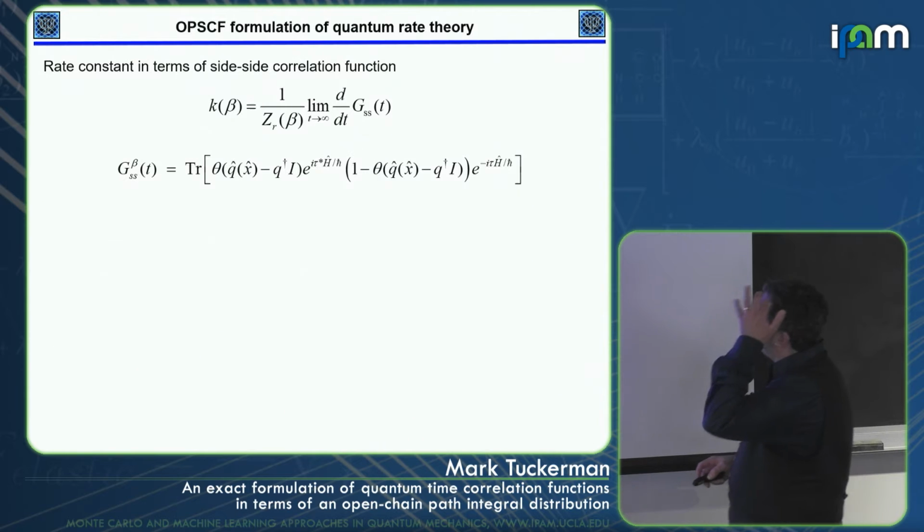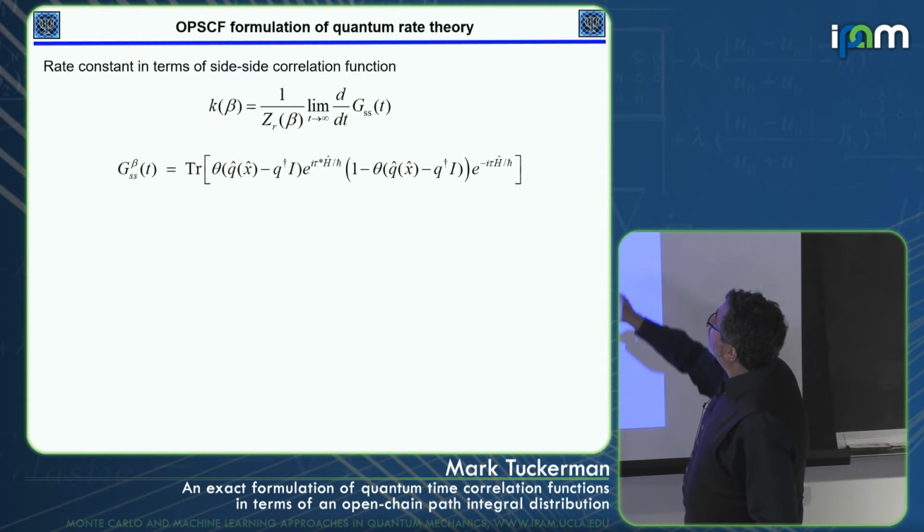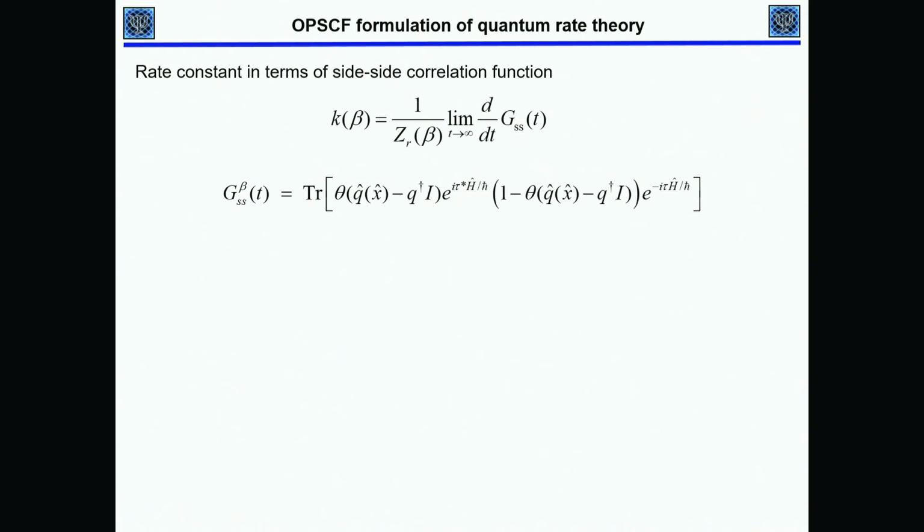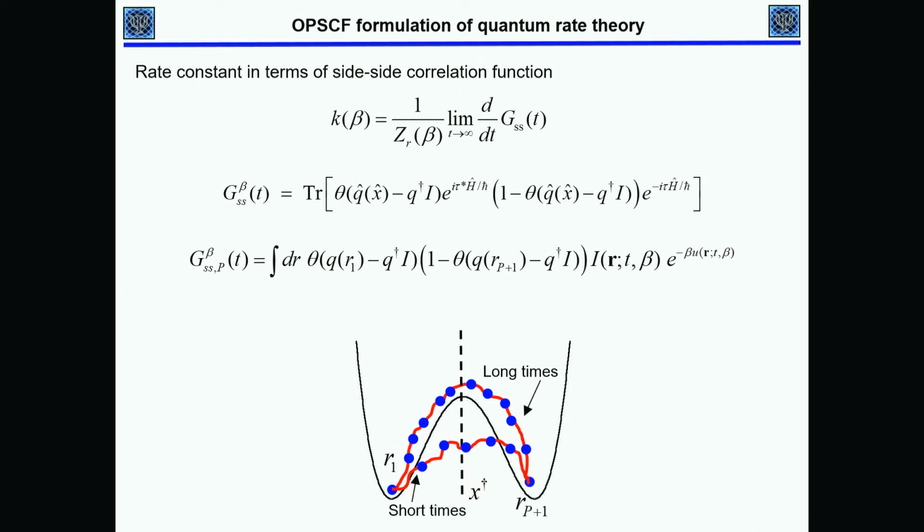The correlation function that you're looking at is a correlation function between two sides, one for the reactant side and the other for the product side. In our open chain formulation, this is the correlation function we'd have to calculate. It's now just an integral over the open chains. This is our e to the minus beta V tilde, or this I thing, and then the U potential.